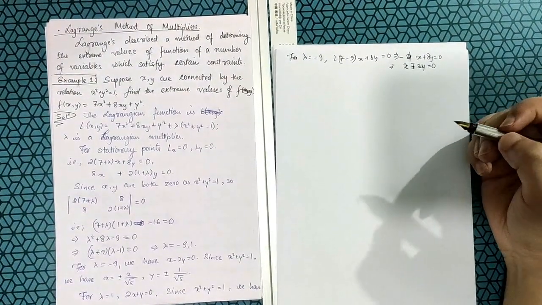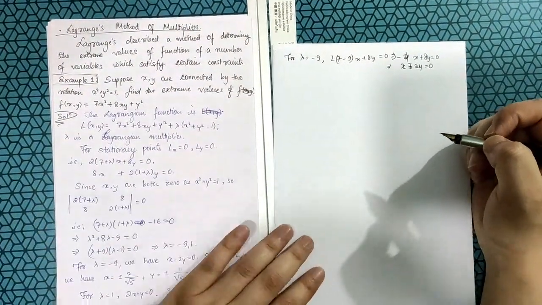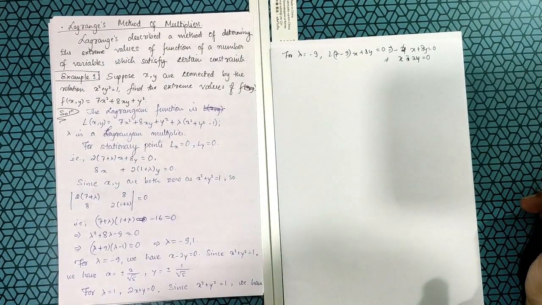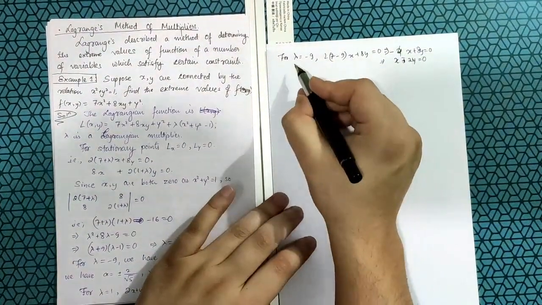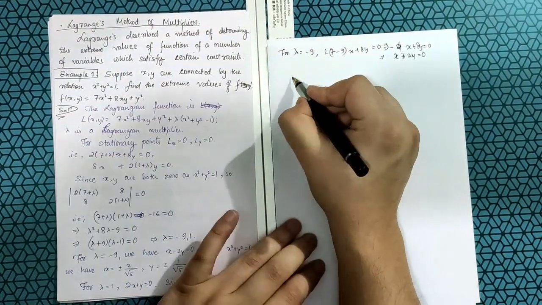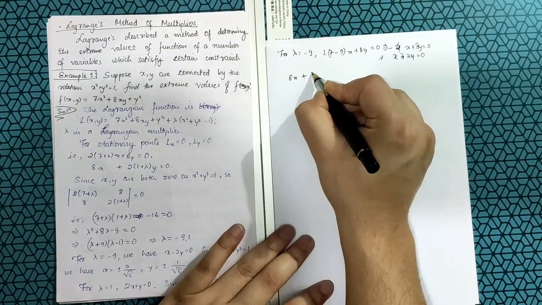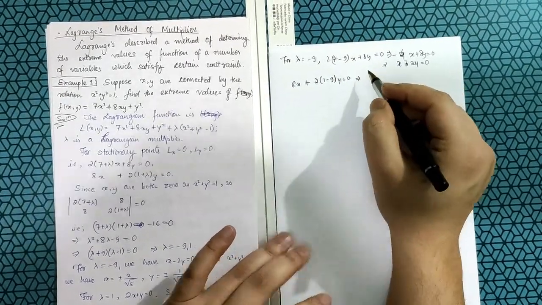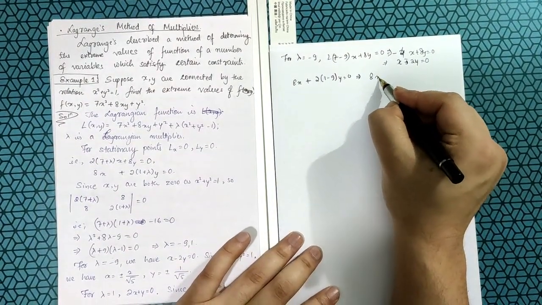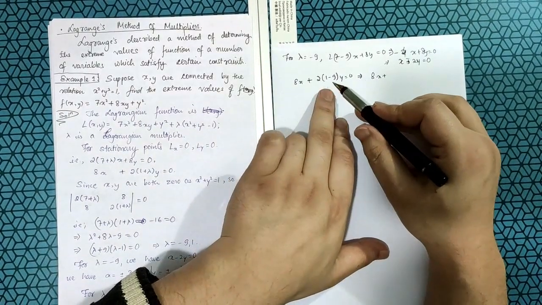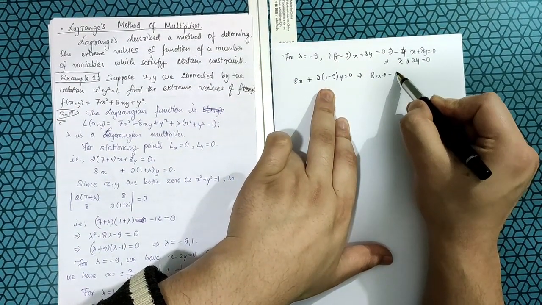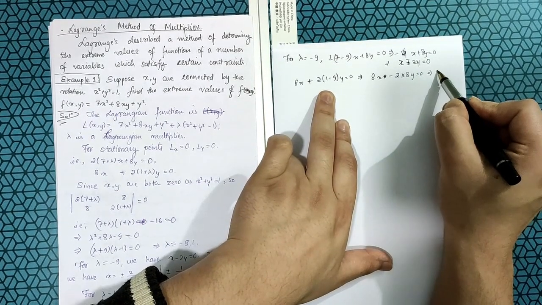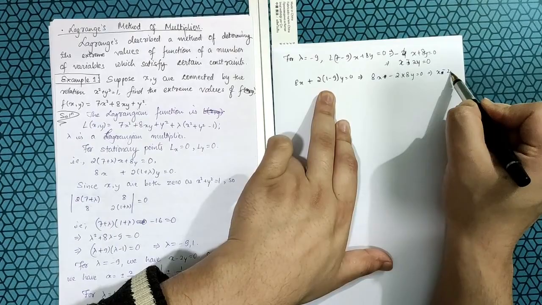If we do it in the second one, we will have the same value. We can check it. If lambda is equal to minus 9, we have 8x plus 2 times (1 minus 9) y is equal to 0, which implies 8x minus 16y is equal to 0, which implies x minus 2y is equal to 0.